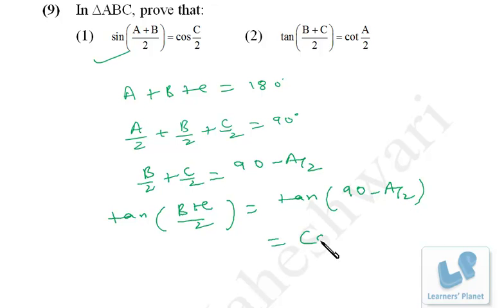Cot θ. Here θ is A by 2, so it's cot A by 2. That means tan (B + C) by 2 is equal to cot A by 2, this expression, right? So these problems are really very easy if you know just these relationships: sin(90 - θ) is cos θ, cos(90 - θ) is sin θ, tan(90 - θ) is cot θ, cot(90 - θ) is tan θ, and same for sec and cosec, right? So the problem becomes very easy.